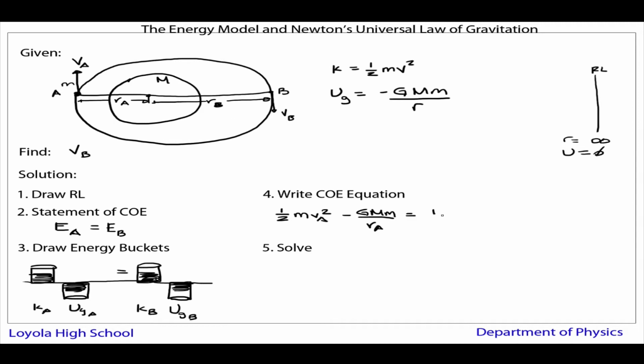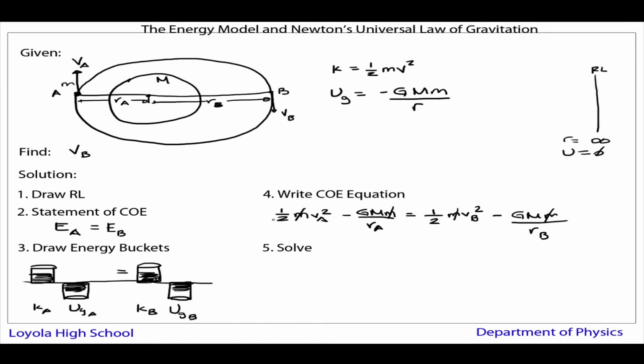Equals 1/2 m VB squared minus G capital M lowercase m over RB, the distance to B. Before we solve for velocity B, you can see that the little m's actually cancel. So the mass of that orbiting satellite does not matter, which in conservation of energy problems usually is the case. That is consistent with Newton's law of gravitation. When you have two different mass objects, they fall at the same rate. So that seems to work out.